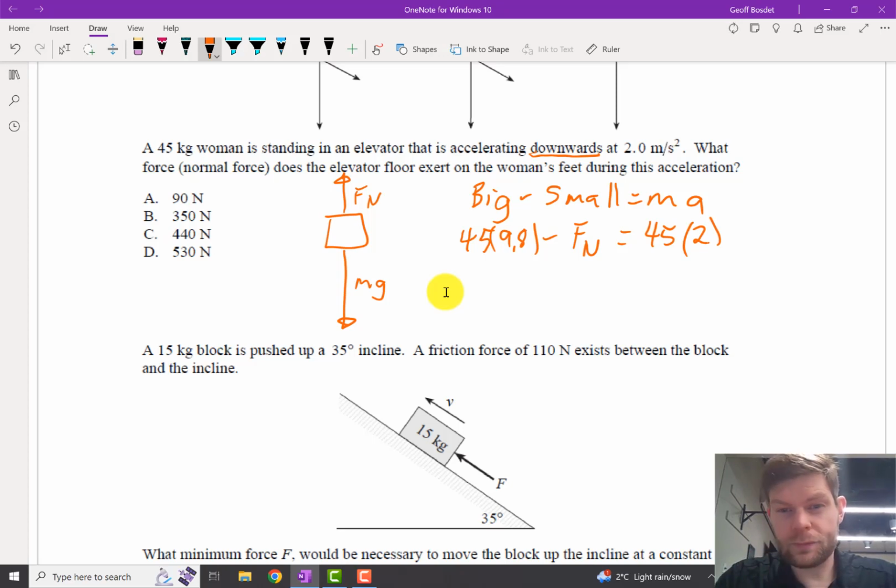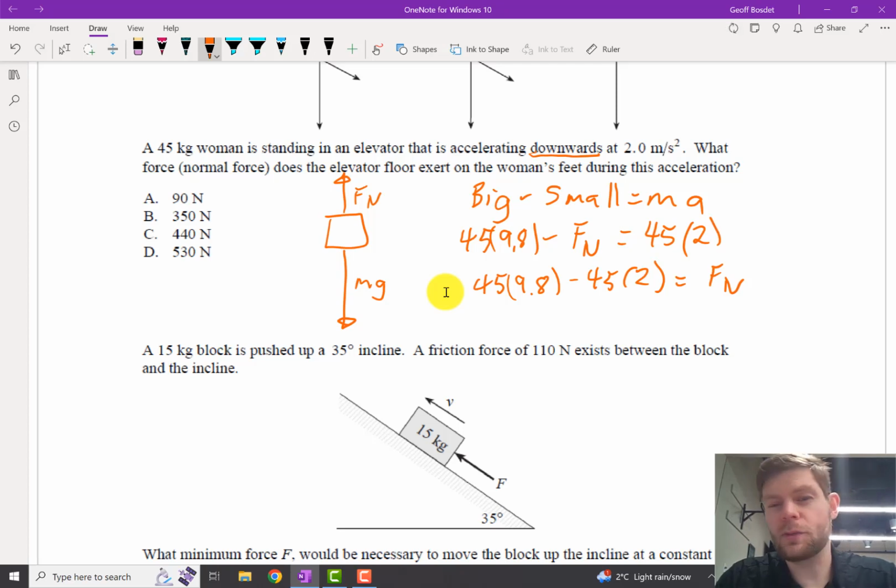If I do that, it ends up being like 45 times 8, or anyway, I should rearrange this. So 45 times 9.8 minus 45 times 2 equals Fn.